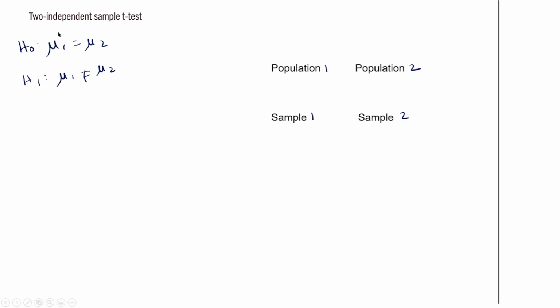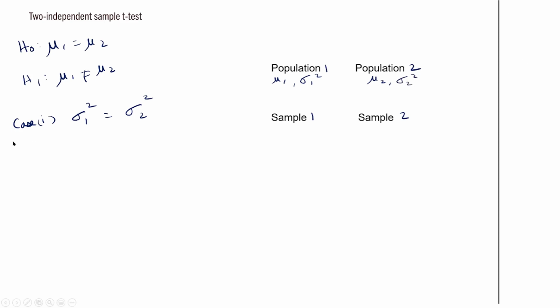As far as this two independent sample t-test is concerned, we have two cases. The first case is when the population variances are assumed to be equal, when sigma 1 square equals sigma 2 square. Population 1 has a mean of mu1 and a variance of sigma 1 square, and population 2 has a mean of mu2 and a variance of sigma 2 square.